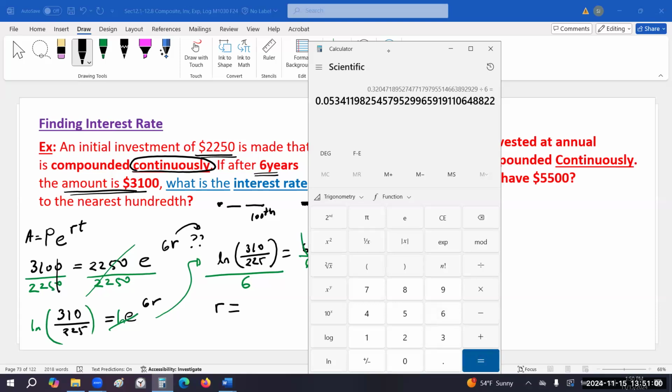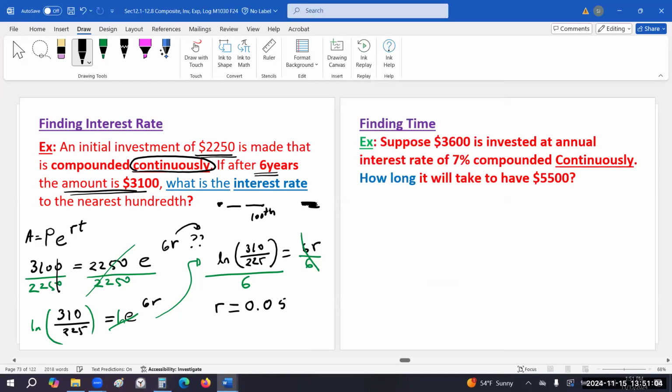So we get 0.0534. We have to go 4 places here because as a percentage we want 2 decimal places. Since it's an interest rate, it should be a percentage for our final answer. So the interest rate is 5.34%.